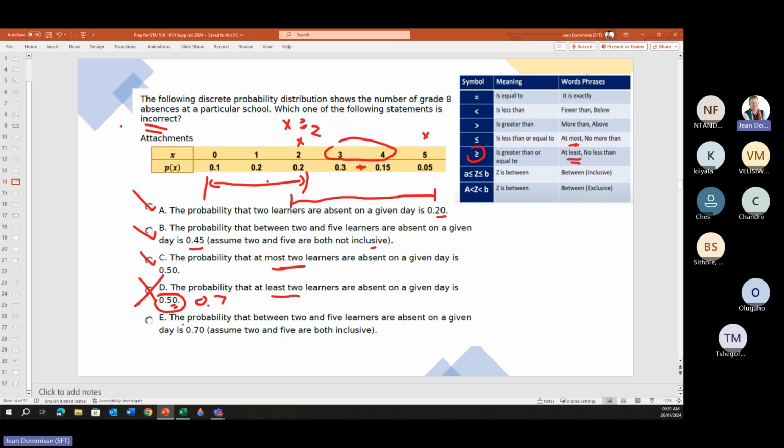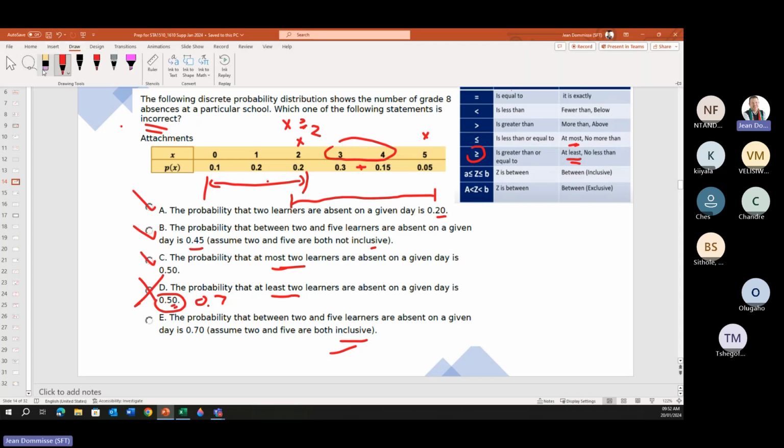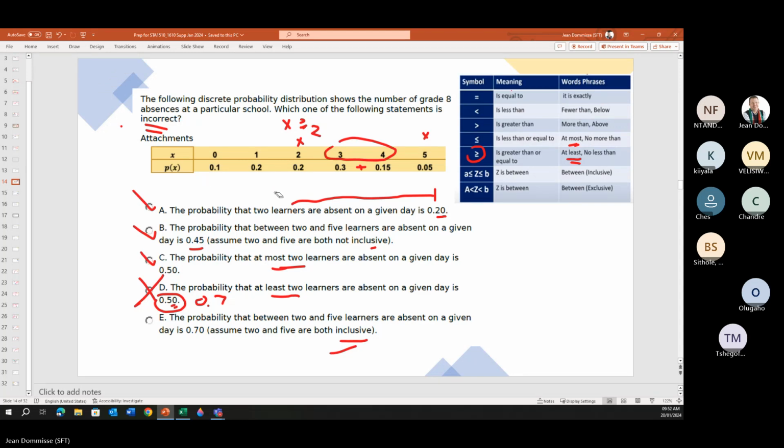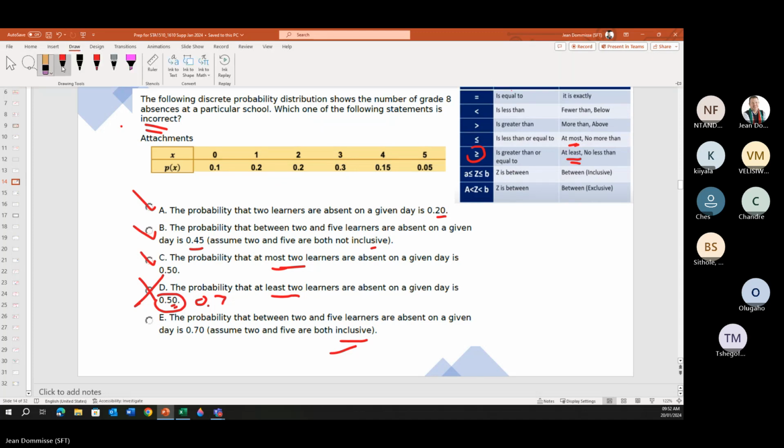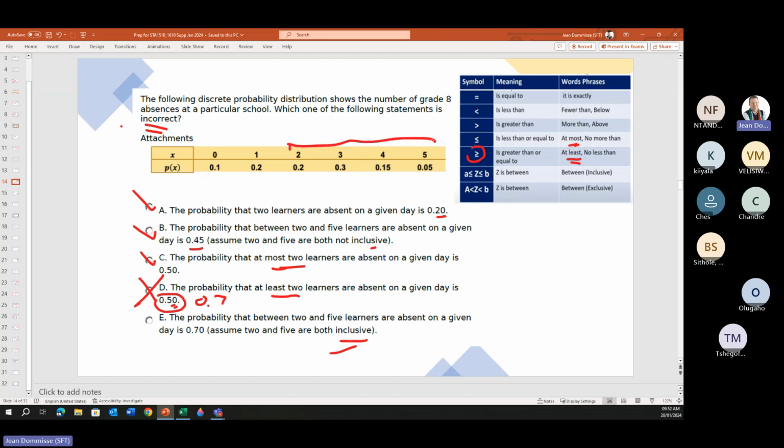The probability that between 2 and 5 learners are absent on a given day, assume 2 and 5 are both inclusive. Okay, so now we're looking at from 2 to 5.